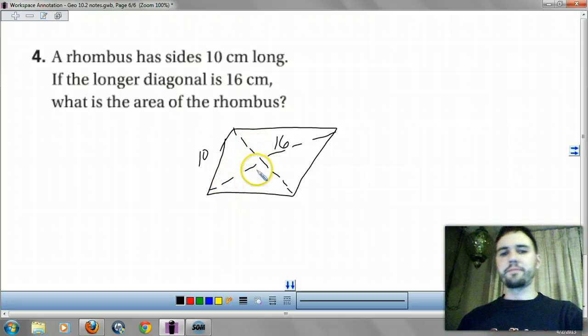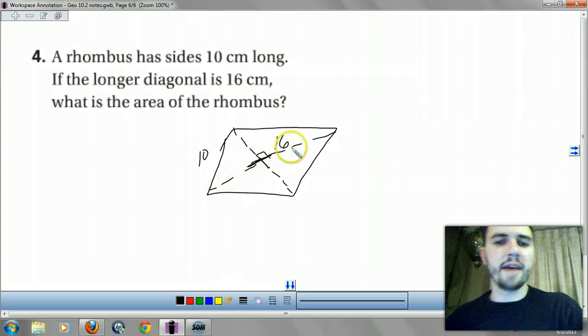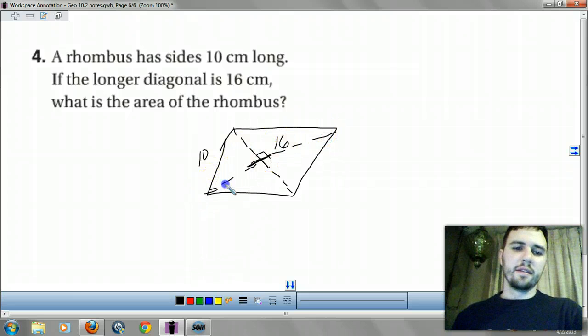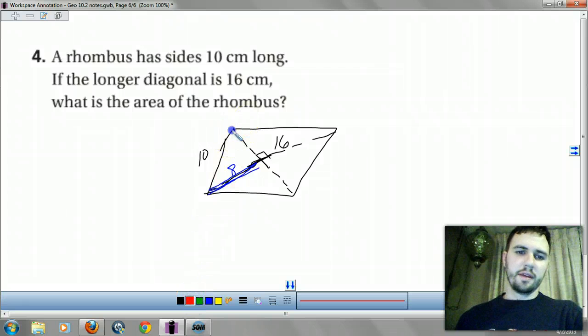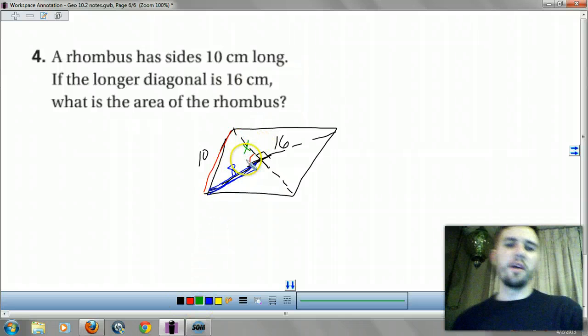Watch this: these guys intersect at a right angle. Now, if this whole diagonal is 16, just half of it is going to be 8, and this is a right angle. This side's 10. And this side we'll call x.